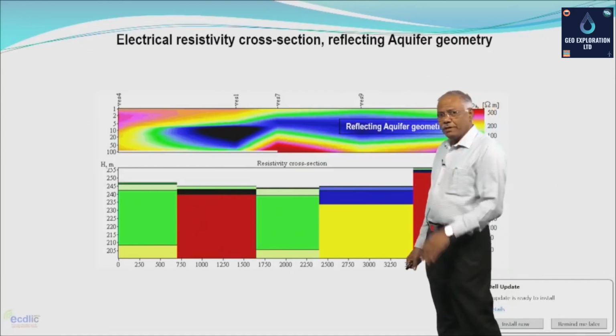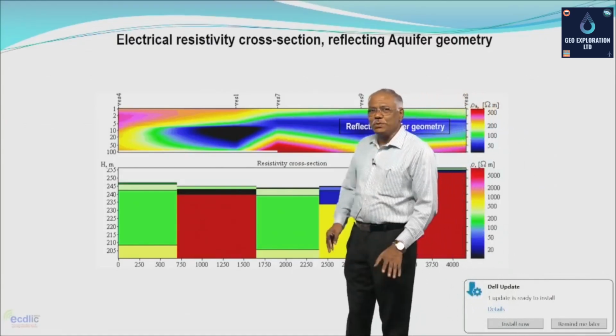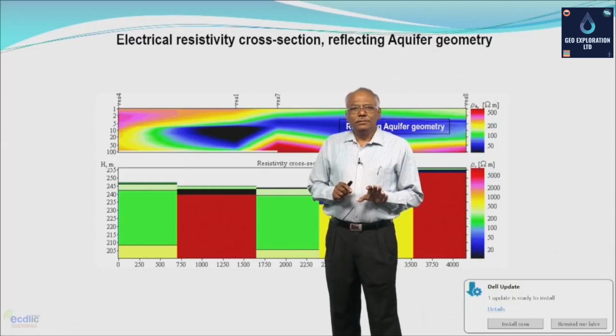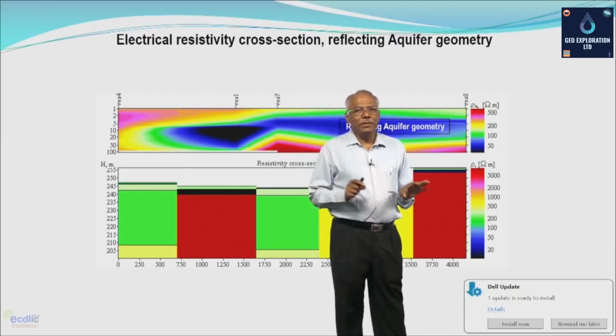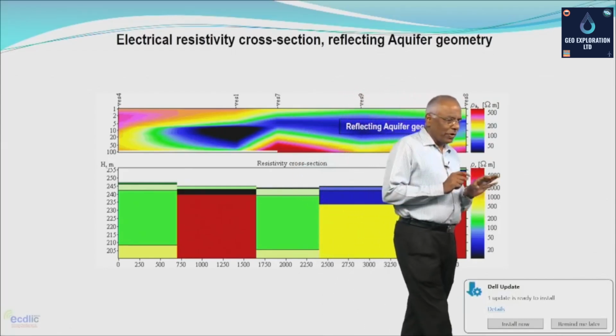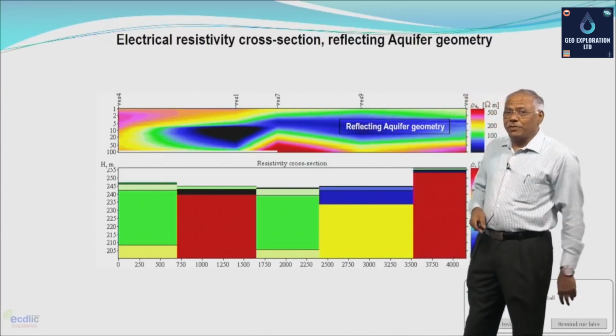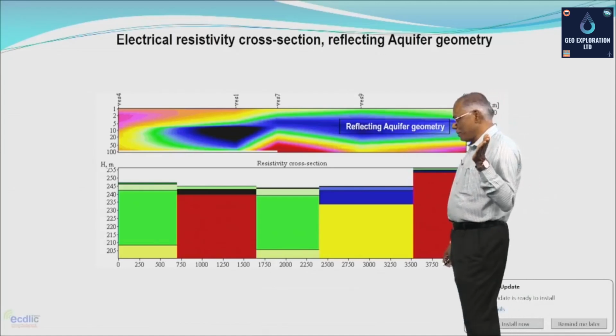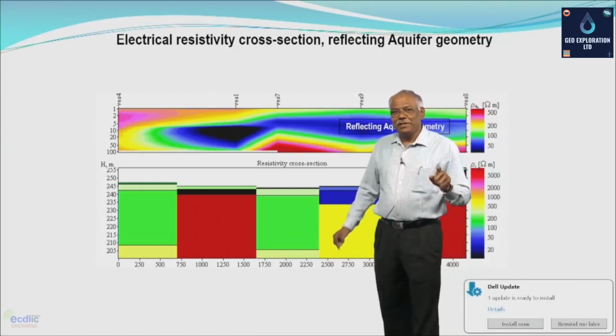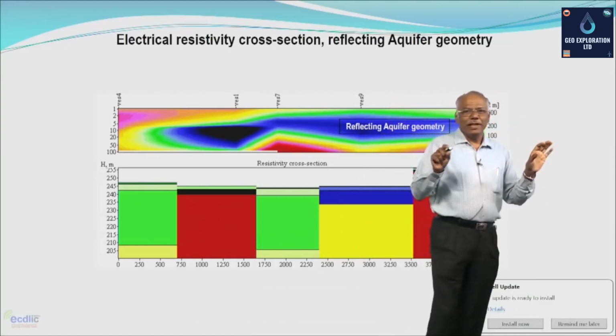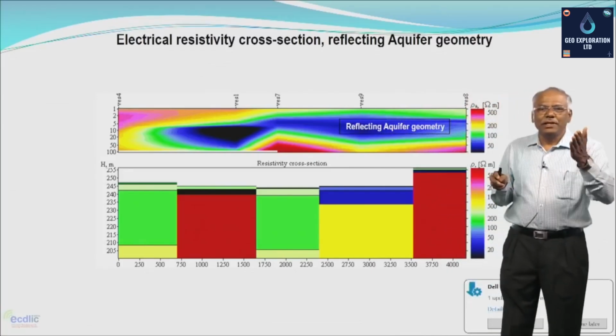It is possible with the help of software also to find out the two-dimensional geometry of the aquifers within the subsurface. The geometry of the aquifers is reflected in this particular picture, which indicates a linear stretch of aquifer at a shallow depth of up to say 20 meters.